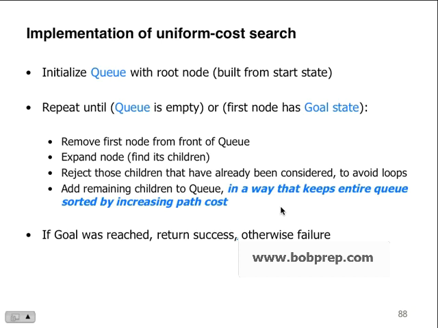In terms of the implementation, we initialize the queue with the root node and build from the start state downward, the same thing as we were doing before in the breadth first. Repeat until the queue is empty, or the first node has the goal state in it. And we can find out from the first node which direction we're going to actually follow. So we remove the first node from the front of the queue, expand the node, and find its children.